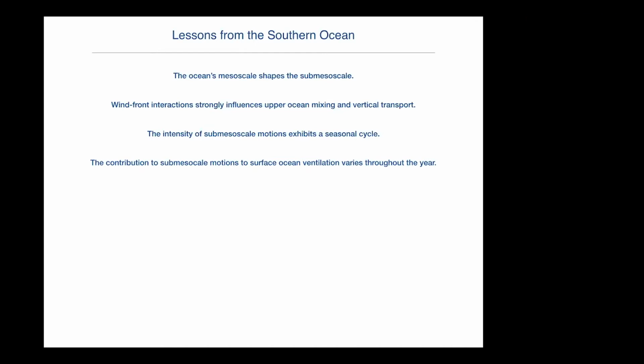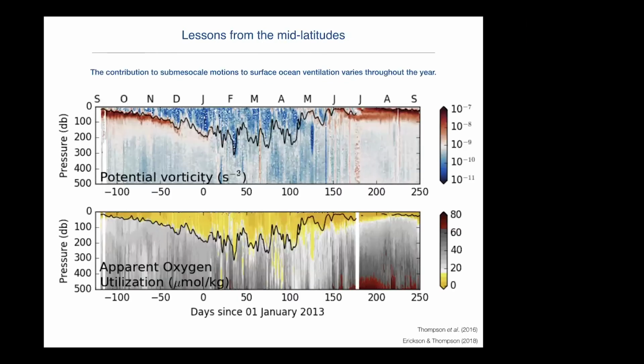Andy? Yep. I hate to interrupt again, but could you go back to the previous slide? Those oxygen signals that you see at 400 meters depth are an awful lot deeper than your mixed layer, your black line, so to say. So I agree that it's probably not penetrative convection, which is not a very efficient process.